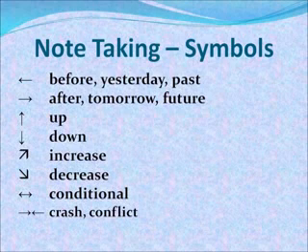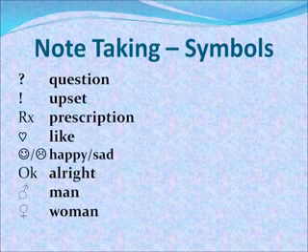These arrows are very handy because they can briefly be written down. And we go down the list. We have before, after, up, down, increase, decrease, conditional. Okay, the if and only if, the conditional. And then we have the two arrows clashing, which we can represent as a crash, two cars crashing, or even a conflict.